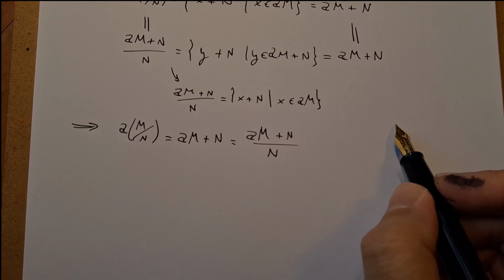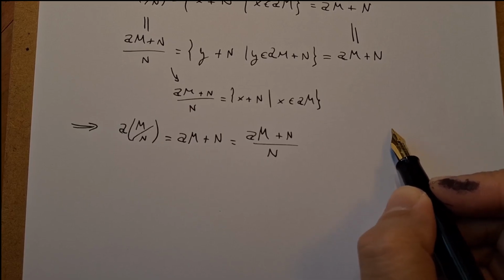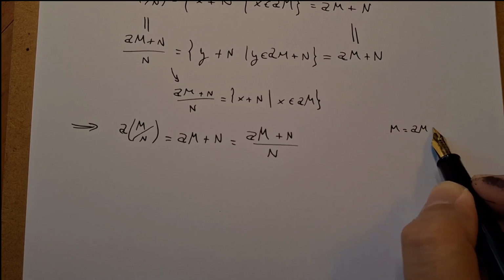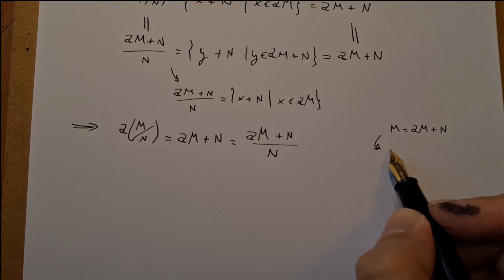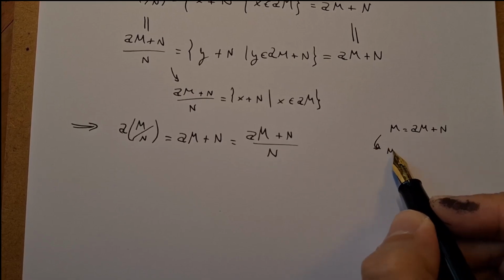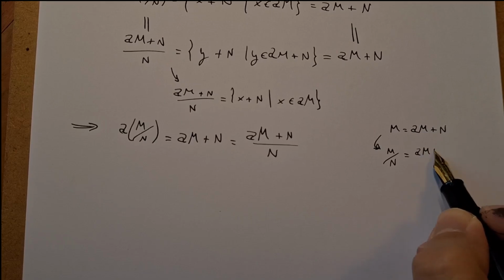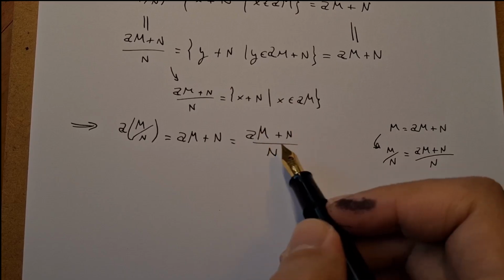And from the corollary, in the assumption, we had that M equals AM plus N. So quotient this by N. So we have M divided by N equals (AM+N) divided by N, which is what we have here.